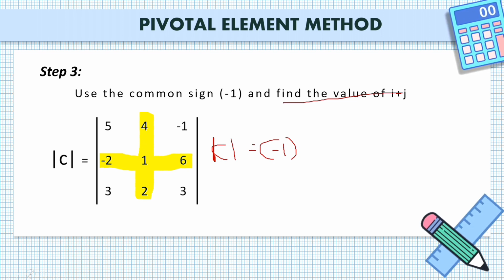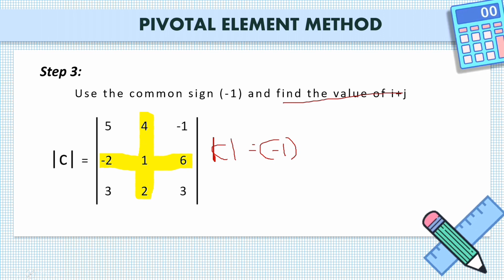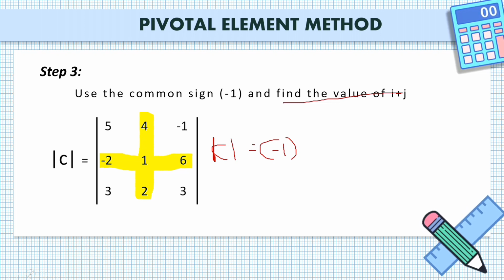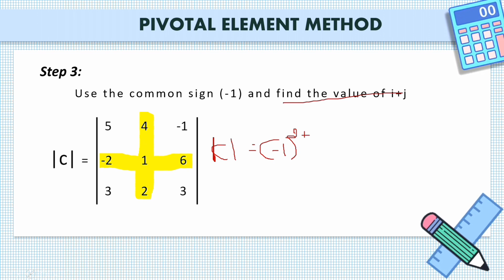Yung i ay yung kung anong row nakalocate ang ating pivot element. Nasaang row ba ang ating pivot element? Nasa row number 2 plus, pang ilang column ba nakalocate ang ating pivot element? Nasa column number 2. -1 to the 2 plus 2. Okay, next.